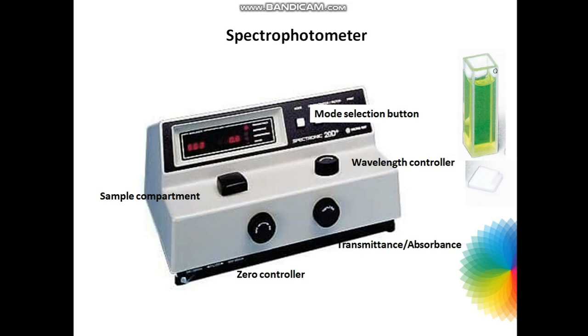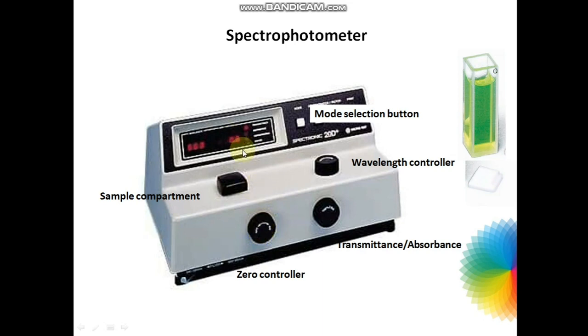After that, we press this mode selection button so that the mode is transmittance now. Then, using the zero controller knob, we have to adjust the display here to be 0. It should show 0 here. Using the zero controller, you have to adjust it so that 0 is displayed here.